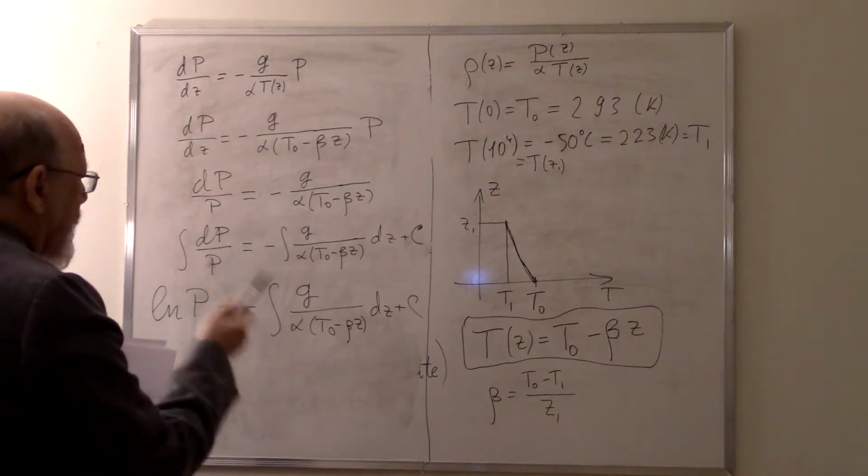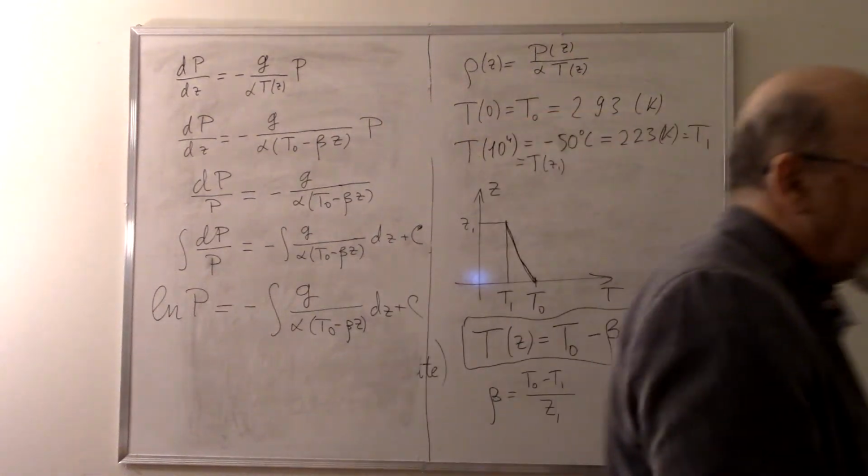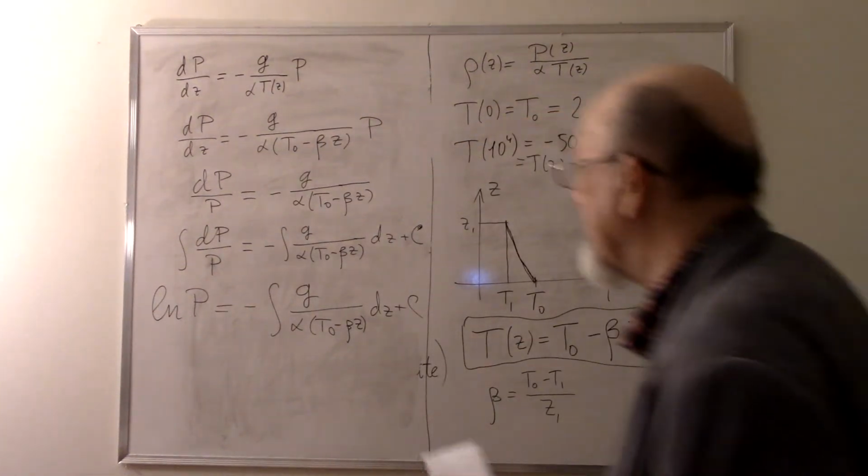To find this integral, we assume that beta is different from 0.